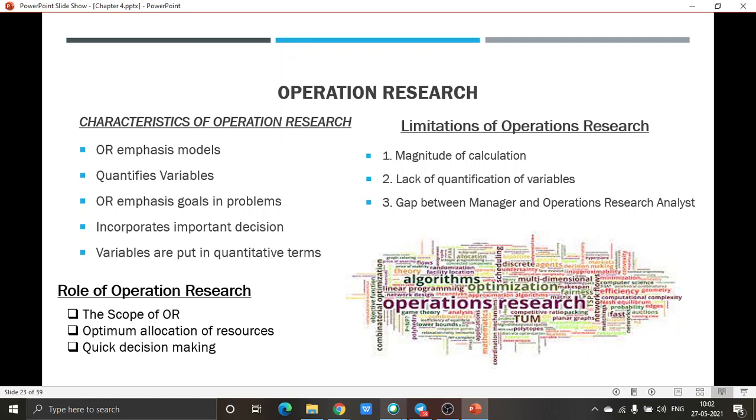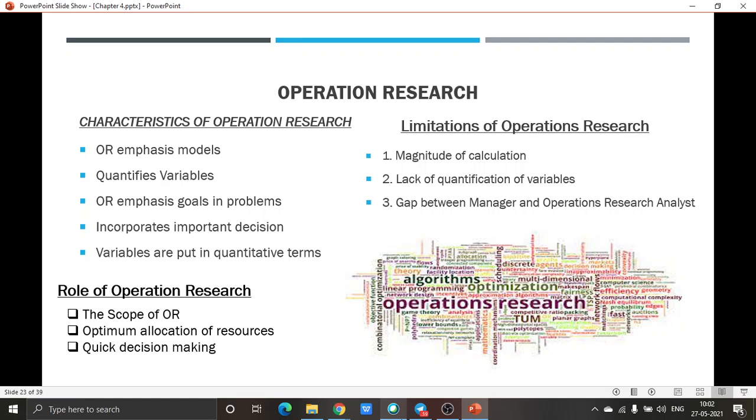So this requires the analysis of hundreds of variables simultaneously, and this can be done using scientific analysis. Now this is exactly what OR does. It combines different disciplines, that is mathematics, statistics, economics, engineering, and with the combined effort of all this knowledge, the problem can be looked into in greater detail with a more precise answer.